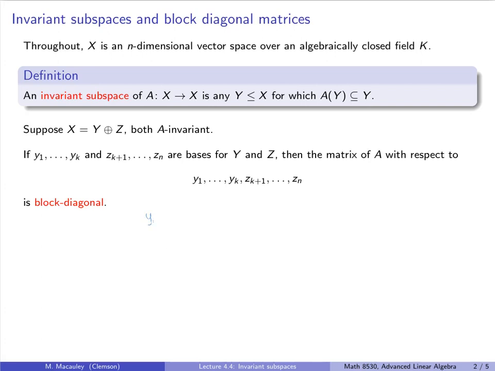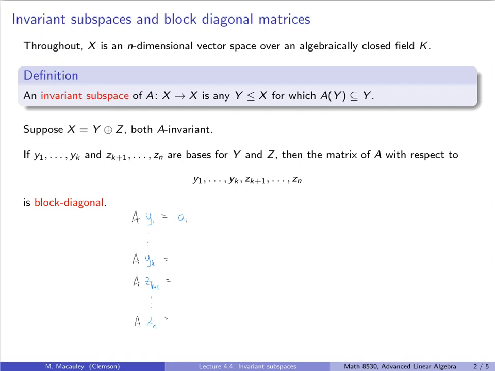If we write our basis vertically like we normally do, y1 up to yk, zk plus 1 down to zn. Remember what we do? We apply A to each of these vectors, and then we write the image of each as a linear combination of the same basis.